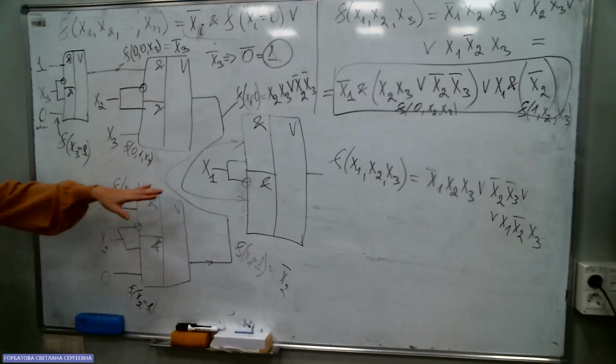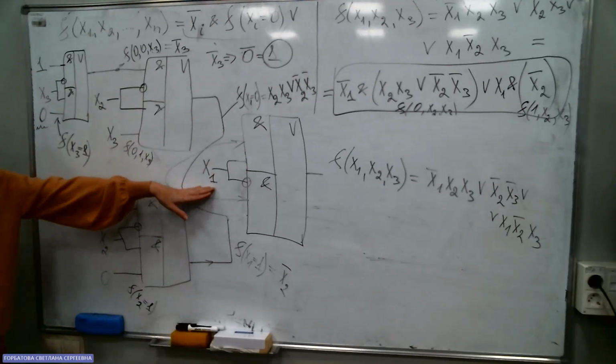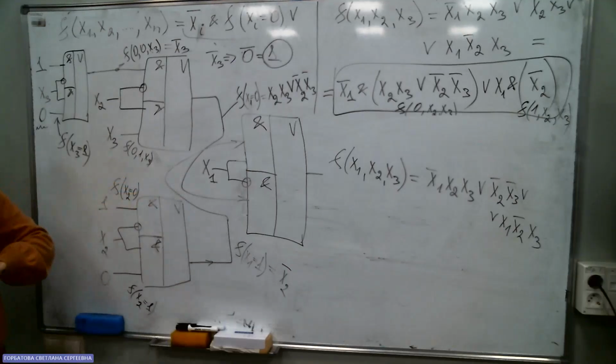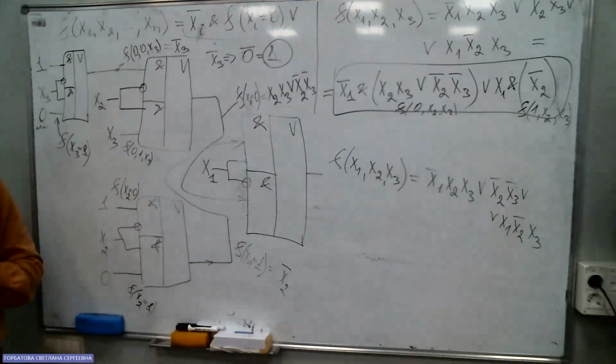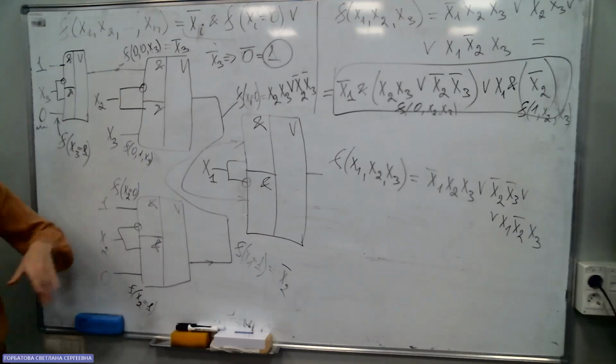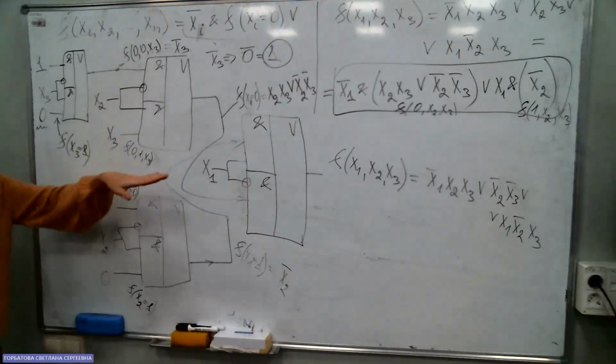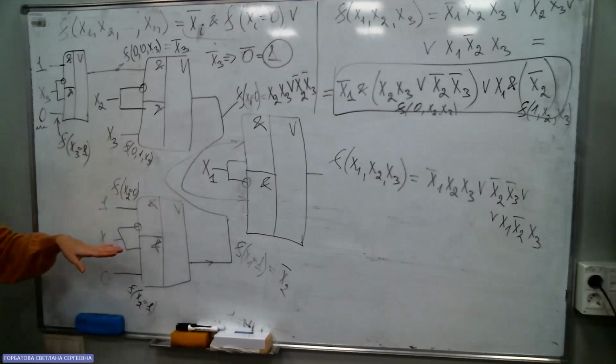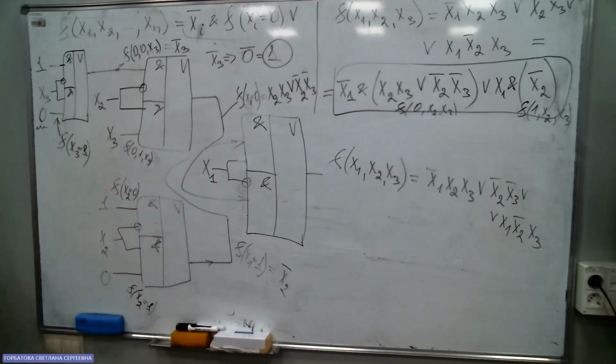So you can eliminate x1 first of all, or another variable. First x1, then x2, or first x3, then x1. So I can start with anything I want. It depends on the real task.